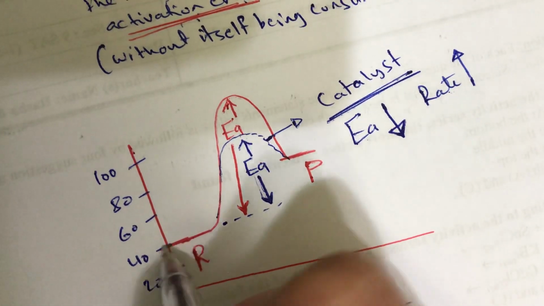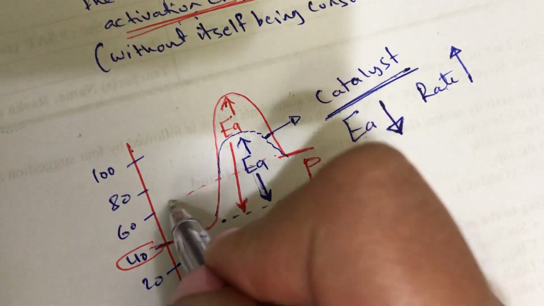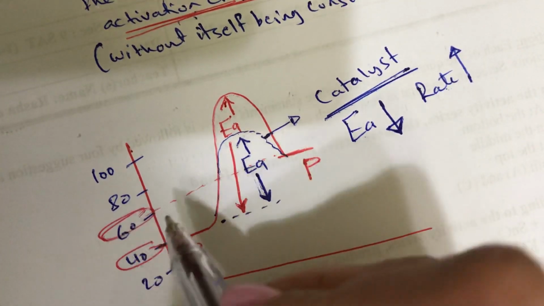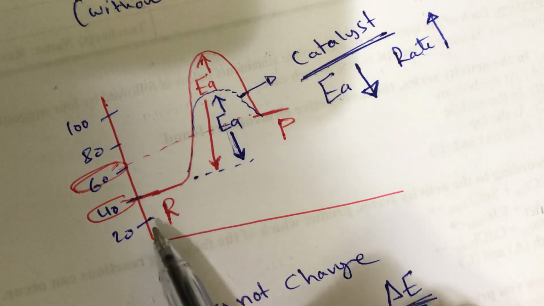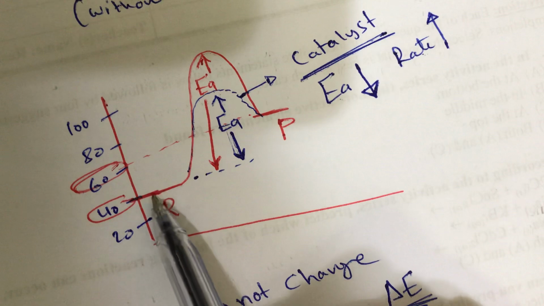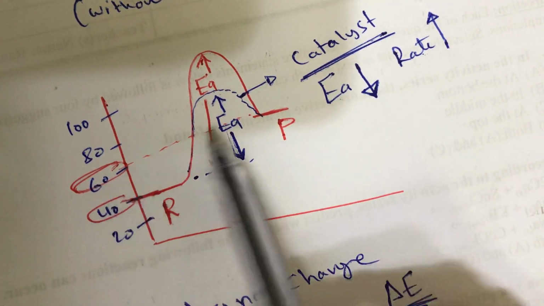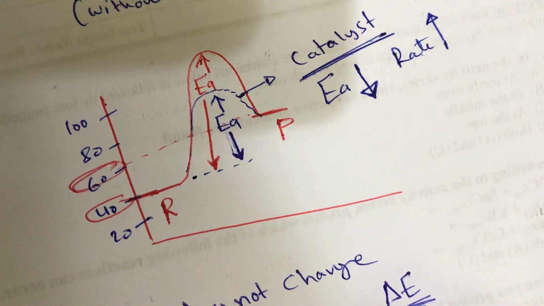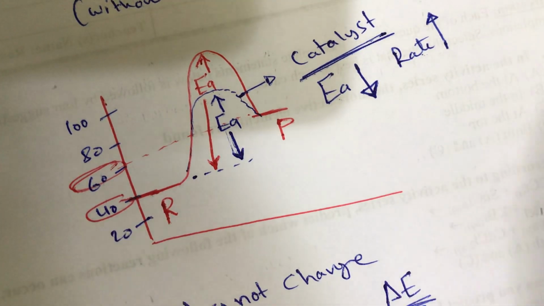The energy of the reactant is 40, and the energy of the product is 60. The energy of the reactant does not change, and the energy of the product does not change by using a catalyst. So the difference is 20 kilojoules.